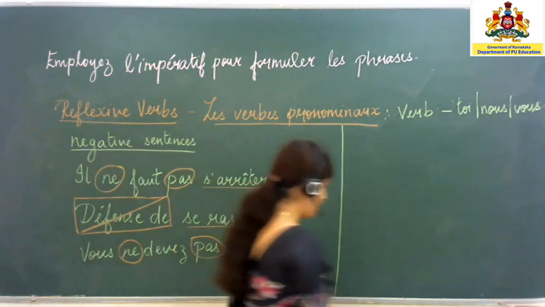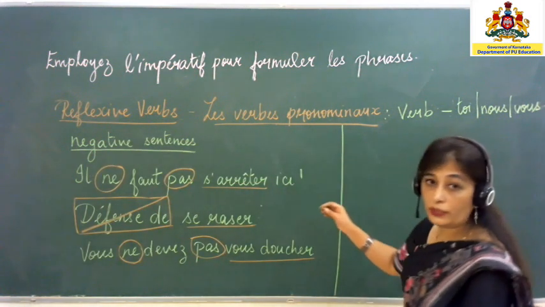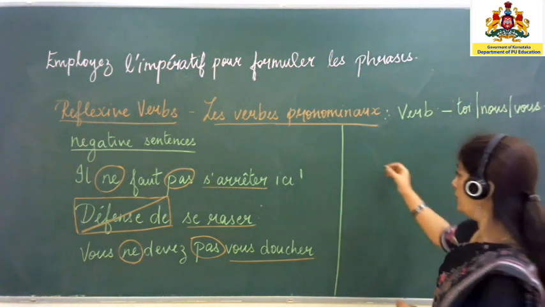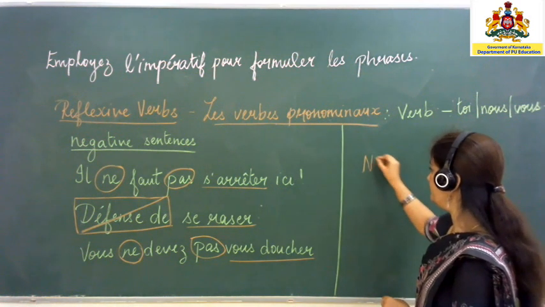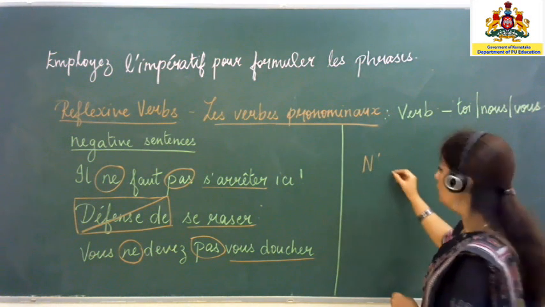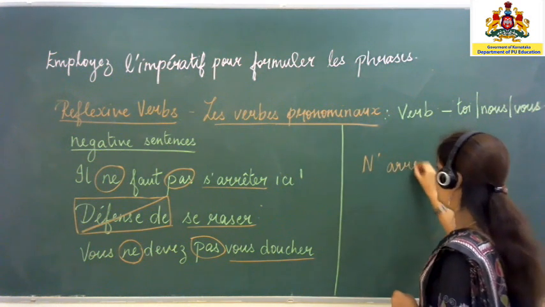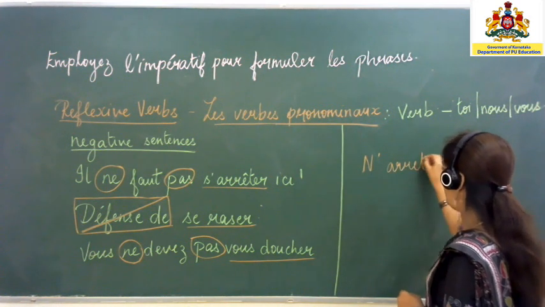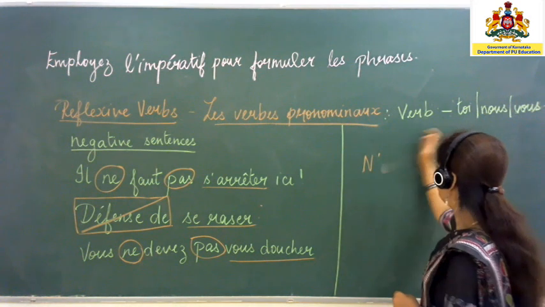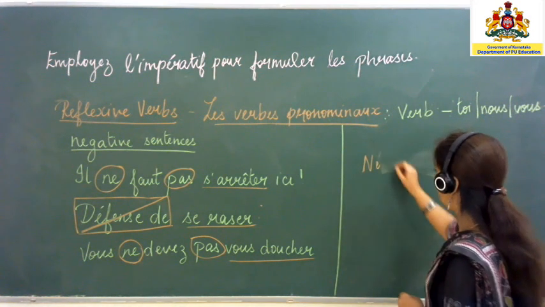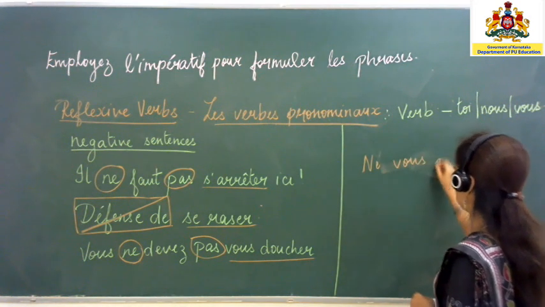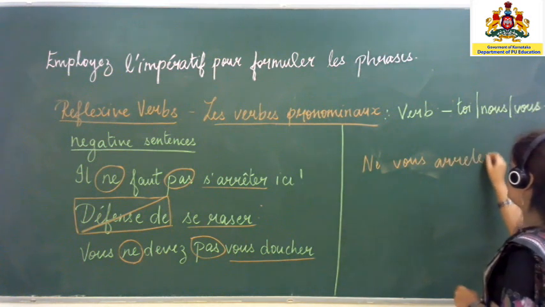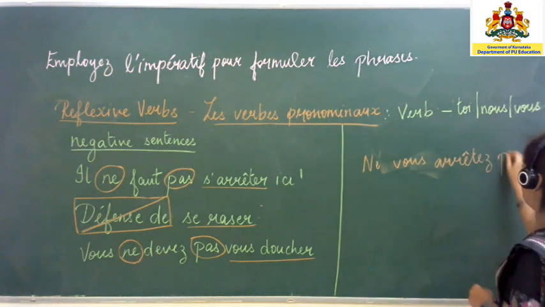So since it is not given in the tu, nous or vous form, I will consider vous and it will become ne, an apostrophe because of a vowel, vous, A-R-R-Ê-T-E-Z, pas.